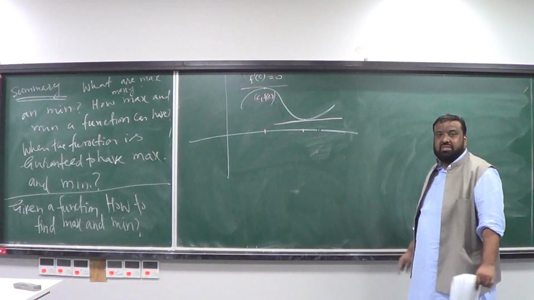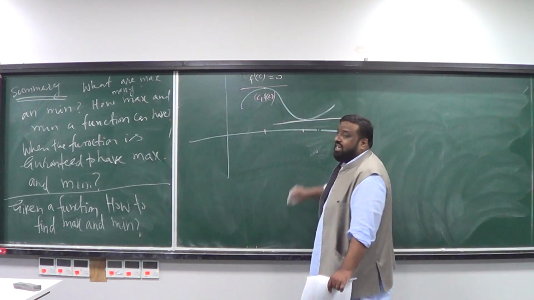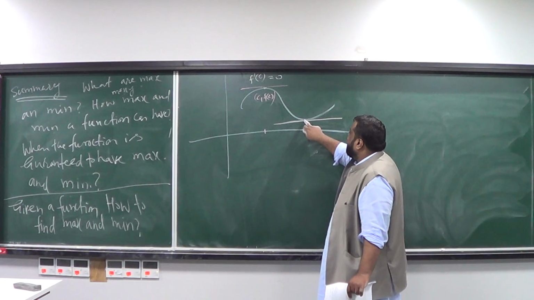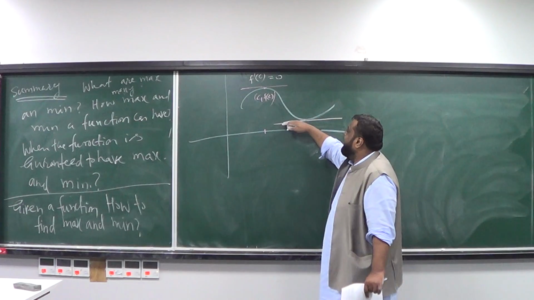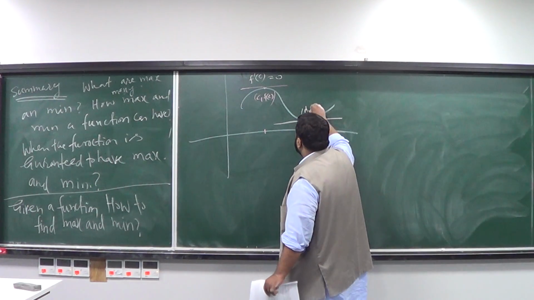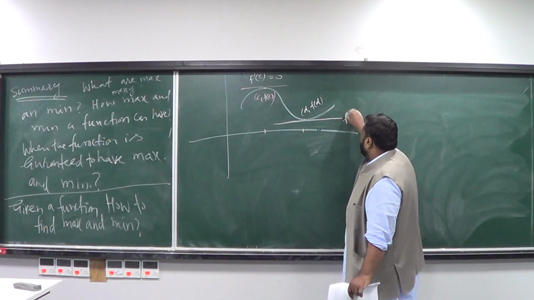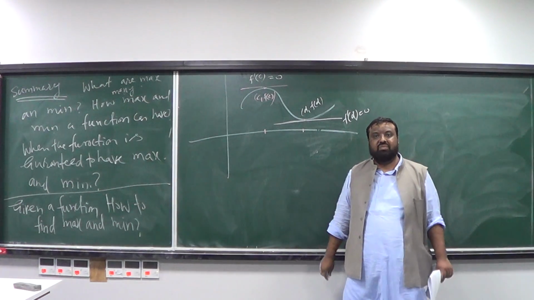So what happens? You can see that this line is a horizontal line. Therefore, if at a minimum point you draw a horizontal line or a tangent line, that tangent line has a slope 0. Let's call this point D, and f prime at D is also 0.